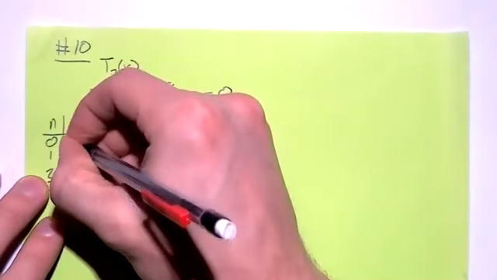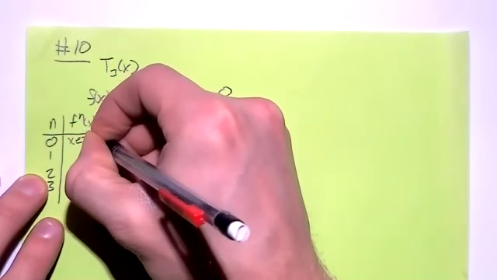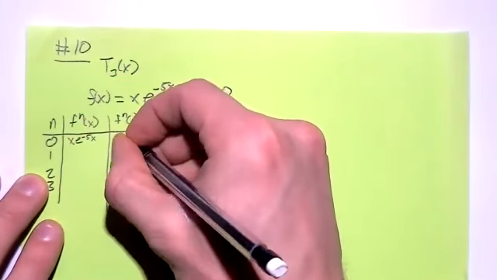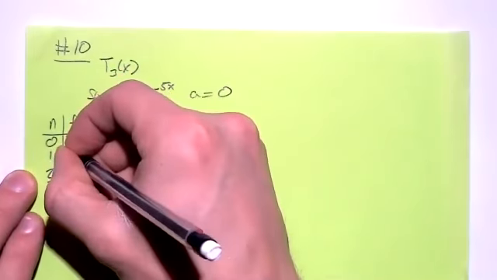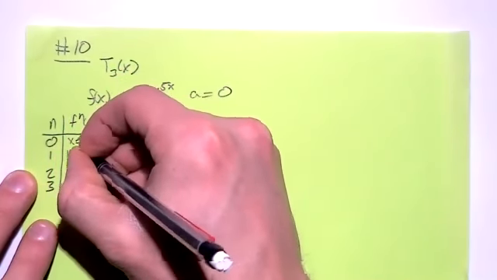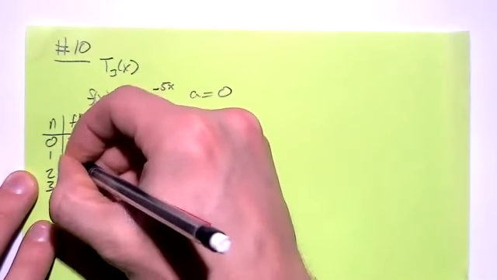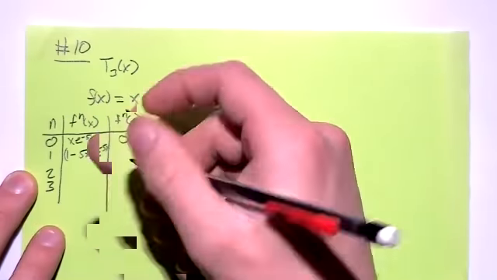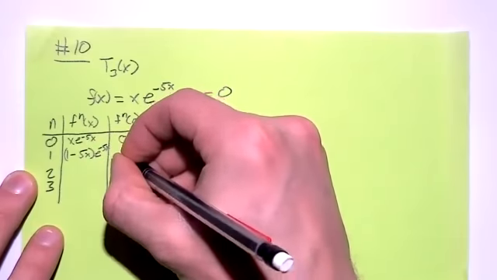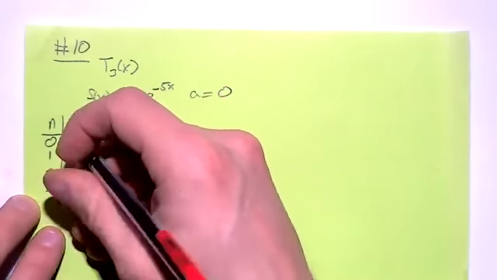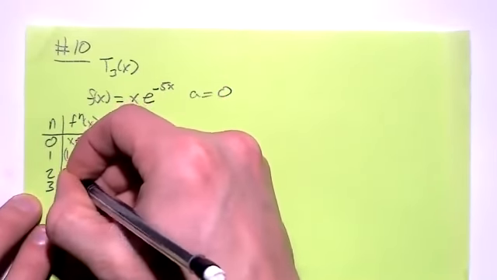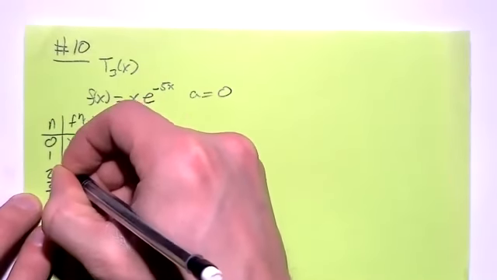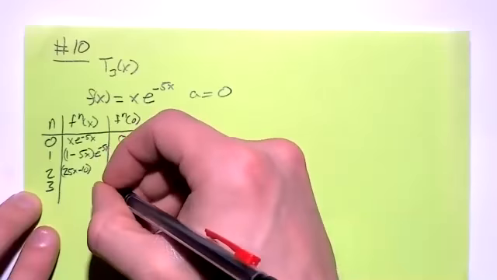So our first one is x e to the -5x, which is going to be 0. Next one is 1 minus 5x times e to the -5x, and that value is going to be 1. Next one is 25x minus 10 times e to the -5x.